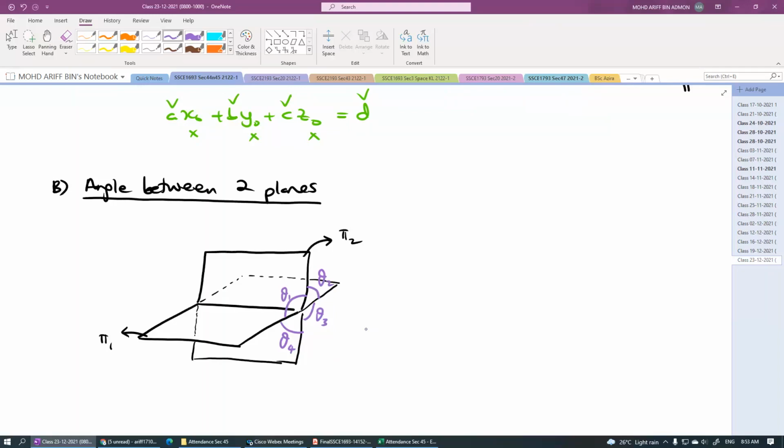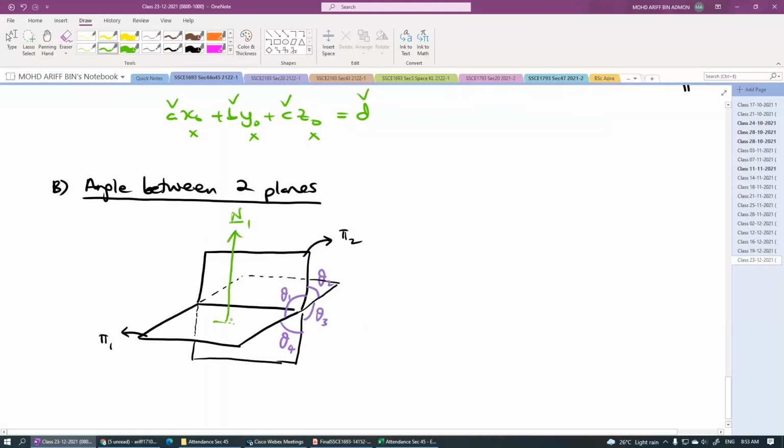What kind of vector can you get? The vectors perpendicular to these planes. Okay, good. A vector perpendicular to this plane. Here, for example, I'm drawing this.